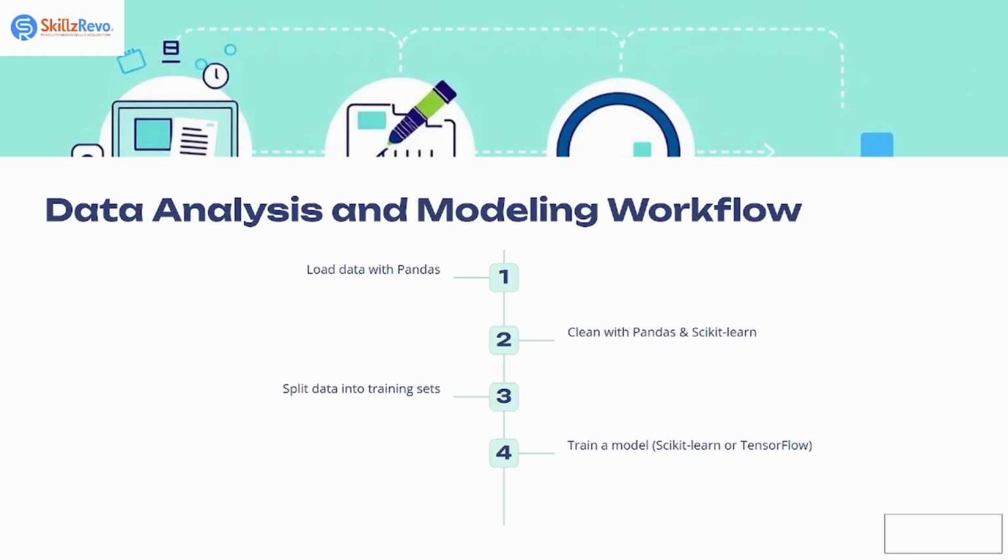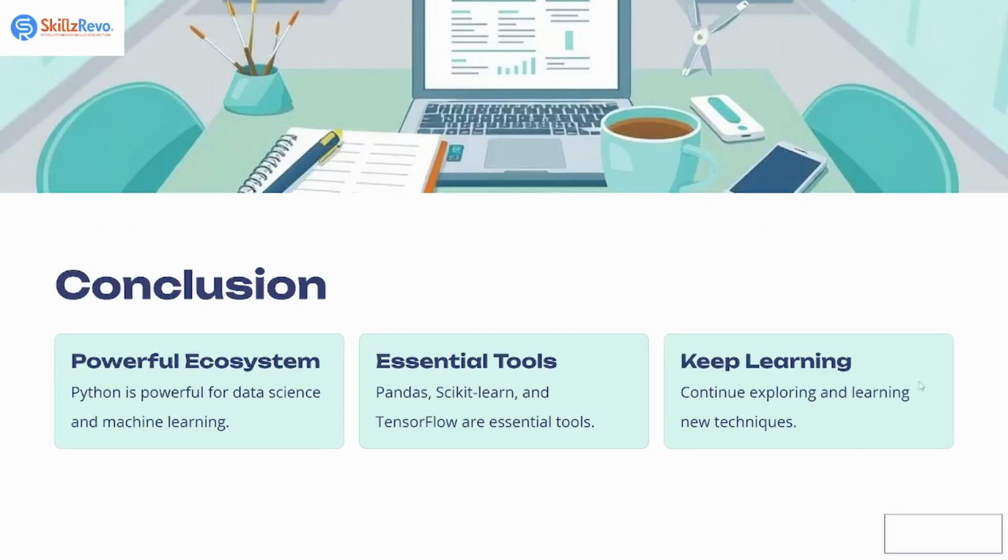For training a model, we use Scikit-learn and TensorFlow. All three libraries are free and open source and widely used in industry. Whether you are analyzing simple data or building an AI app, these tools will help you every step of the way. So this is all about the data analysis and model workflow.